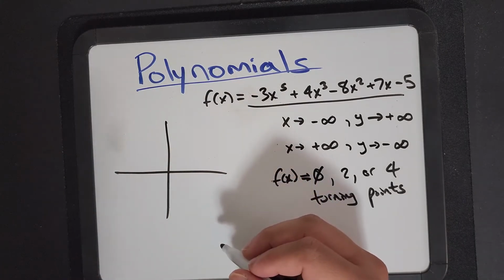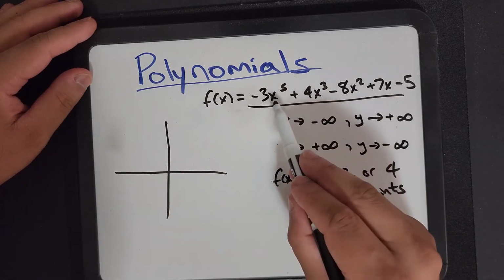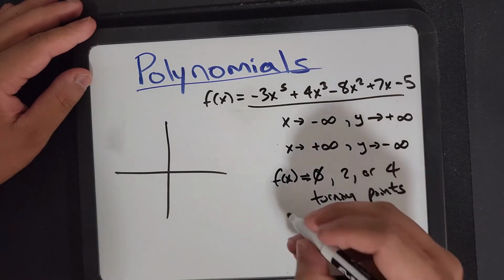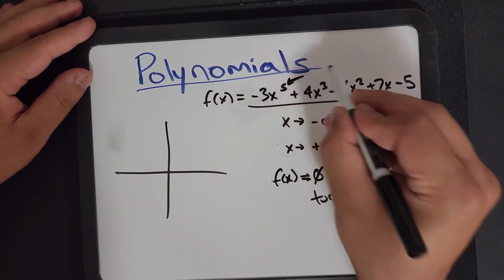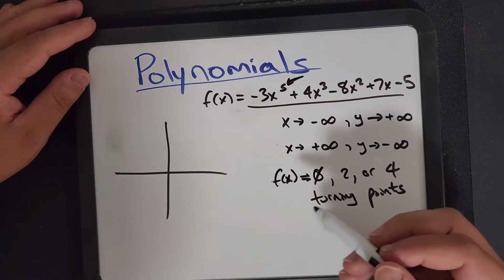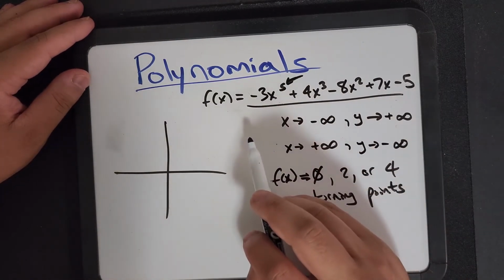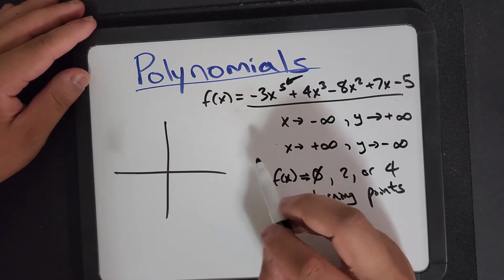So let's look at the degree of the polynomial being 5. That's the highest degree right there. The degree of the function is 5 because of its highest term exponent.